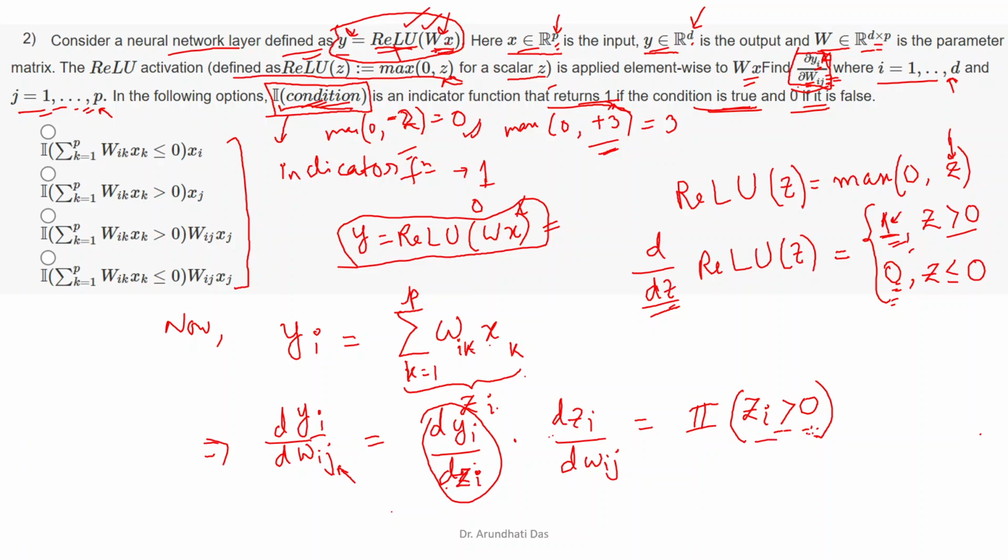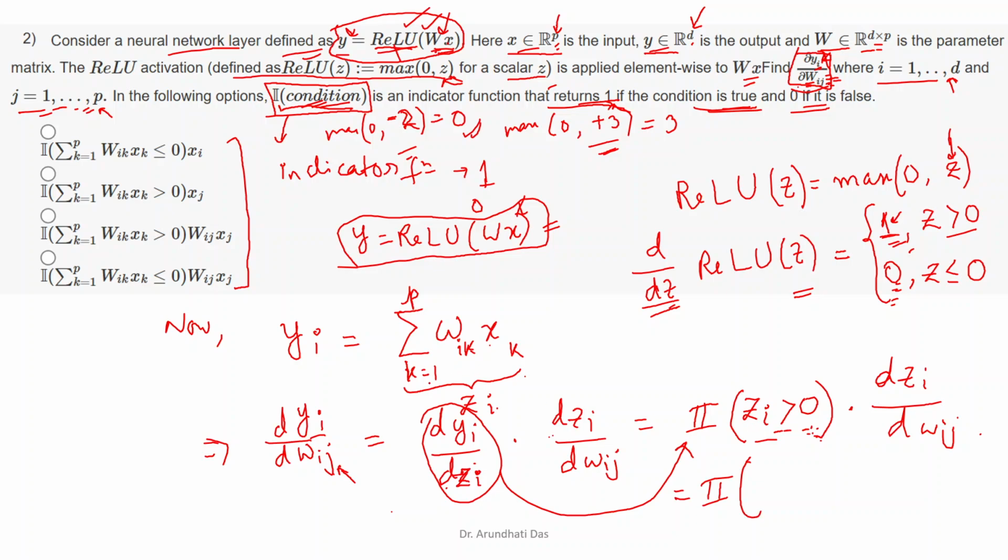So I can simply represent this portion using this indicator function. So this one is nothing but the derivative of the ReLU function multiplied by dzi by dwij, correct?